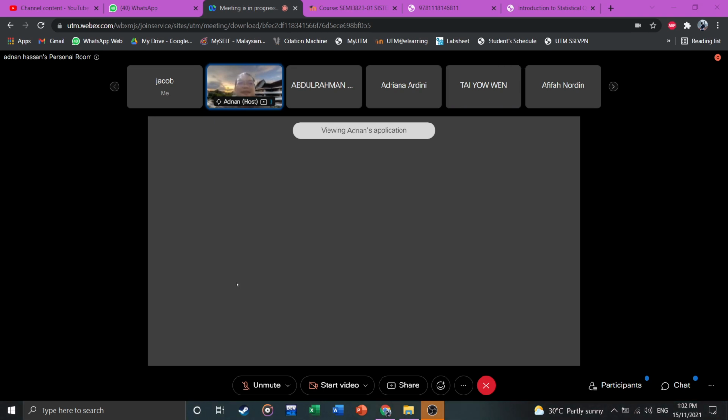Okay, Nur Atira, why we need to use central limit theorem? You faham, tak faham? Saya ajar tadi ni. Tadi kata okey aja semua. Okay, Nur Atira, tak ada.